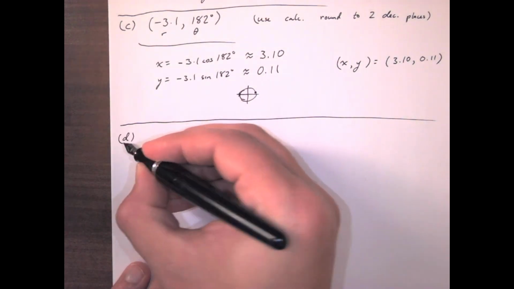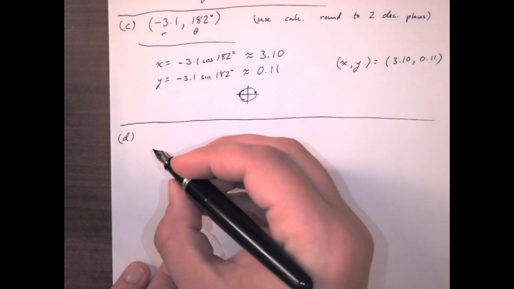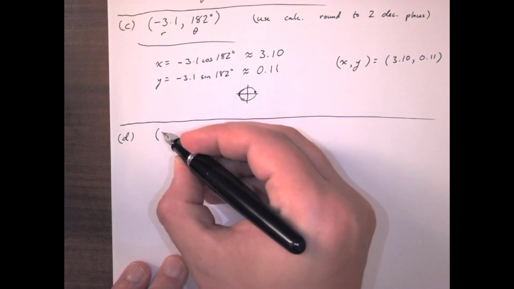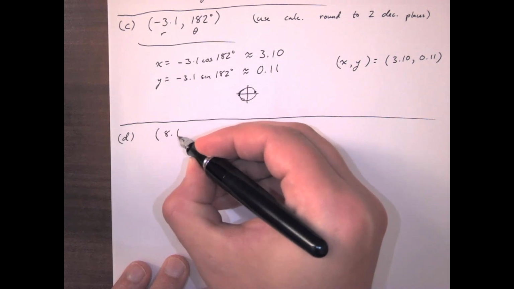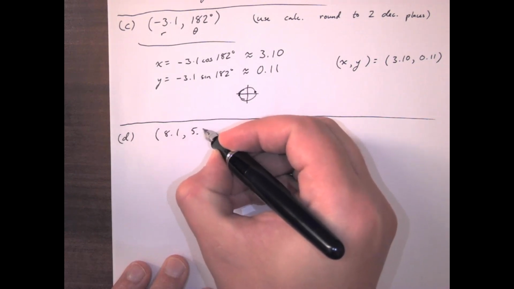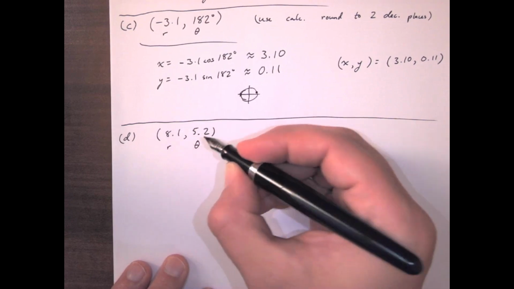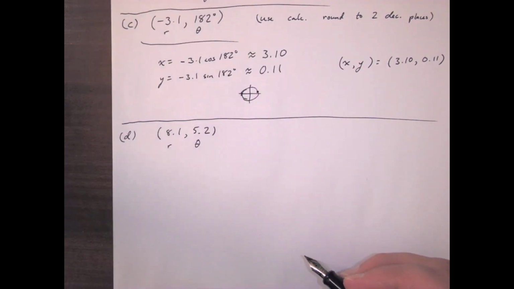Now, what about something like this? How about 8.1, 5.2? Now, this is again the r, and this is the theta. And since it doesn't have the little degree symbol, that means it is in radians.